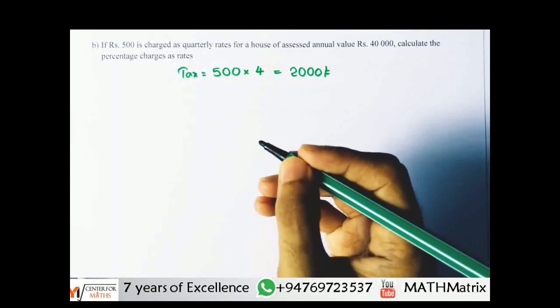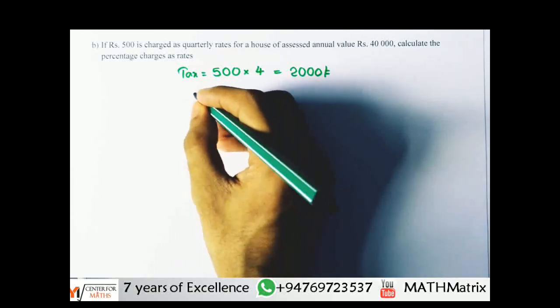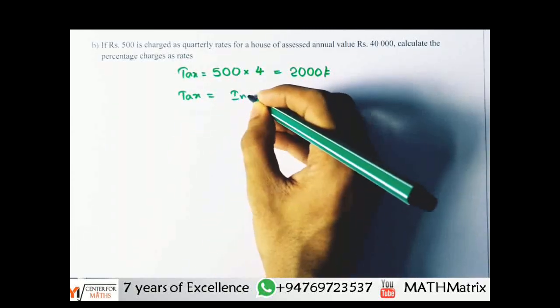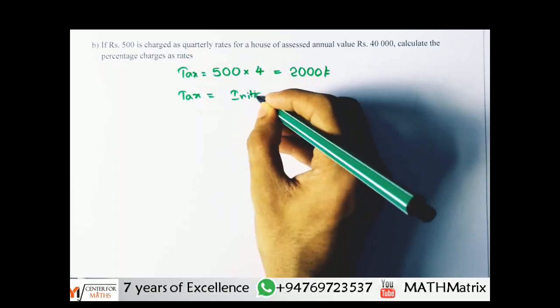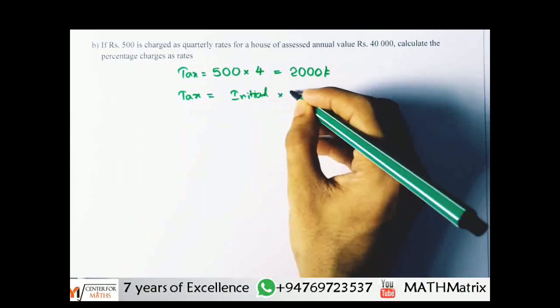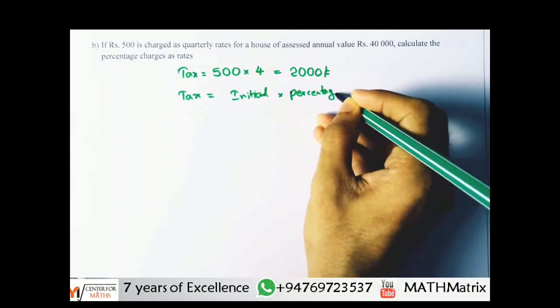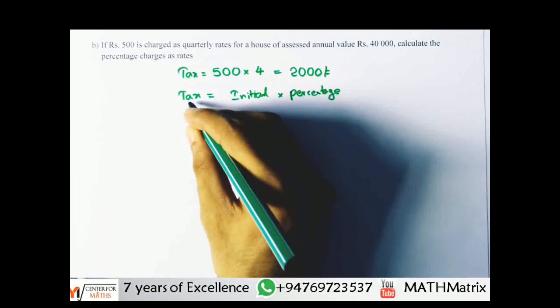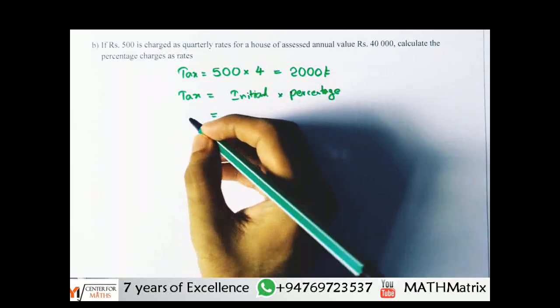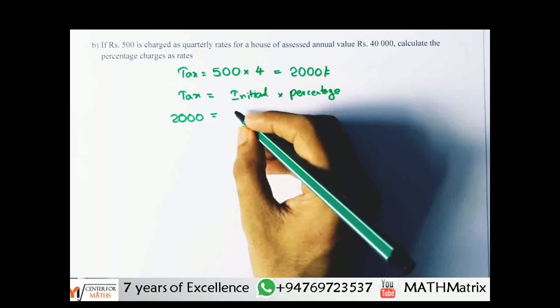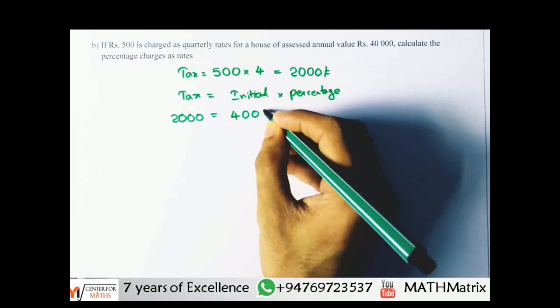Now they are asking us to calculate the percentage. So how to get the percentage? Here I am going to mark the common formula: tax equals initial amount, but here we have to mark this as assessed annual value into the rate or the percentage. This comes under rates. So the tax is 2000 rupees and the initial amount or the annual assessed value is 40,000 rupees.